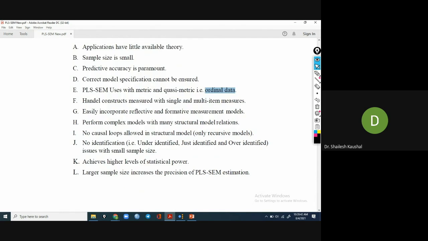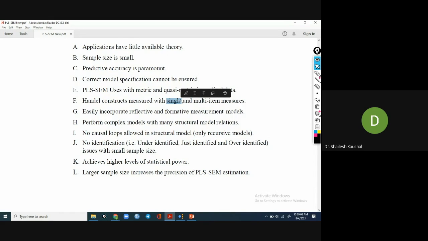Then handle constructs measured with single and multi-item measures, means if we have one variable, one indicator, then we can perform. If one construct has only one indicator, then we can perform the PLS SEM.